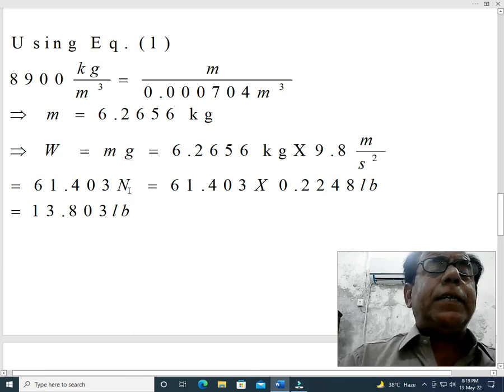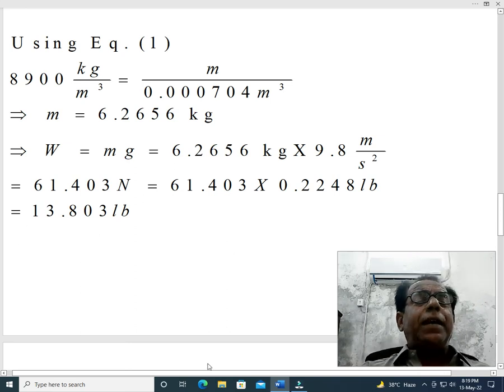So we have converted this Newton into pound, which has become equal to 13.803 pound. We can round this value to about 14 pound. However, we need not round it to 14. The exact value 13.803 pound is a 100% correct answer.